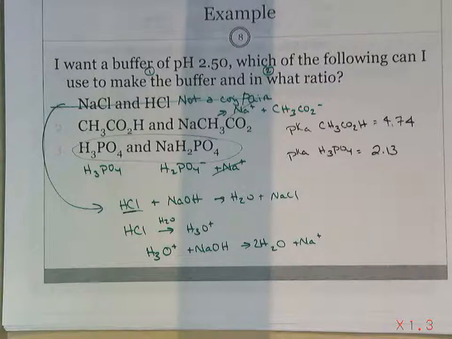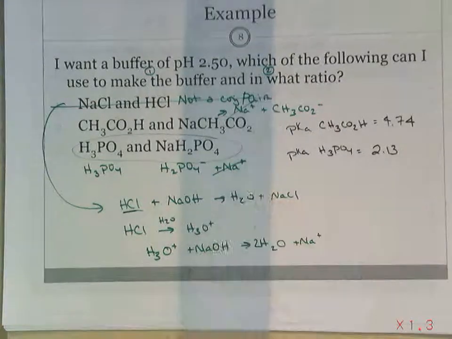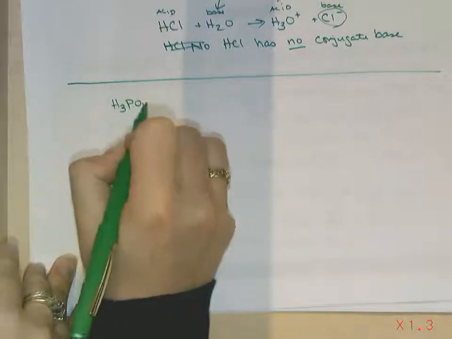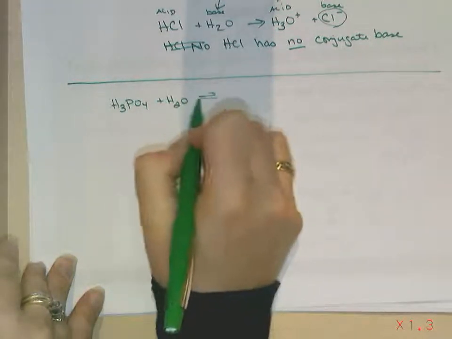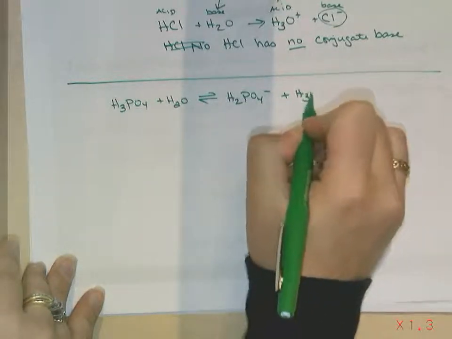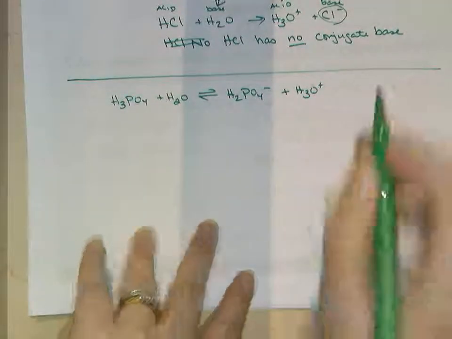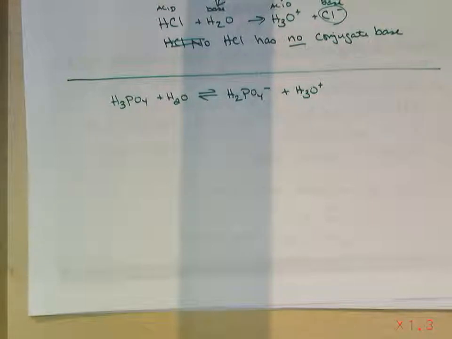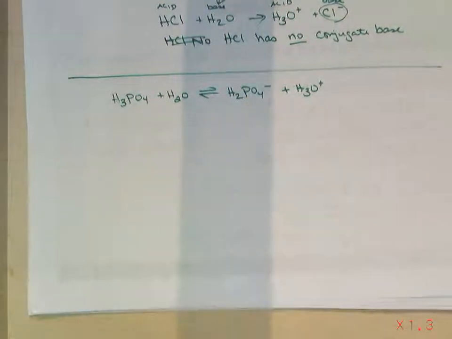So then let's do the second part. What ratio of acid to base do I need to make the pH I want? So that's our buffer solution, right? We have the acid reacting with water to make its conjugate base and the hydroniums.